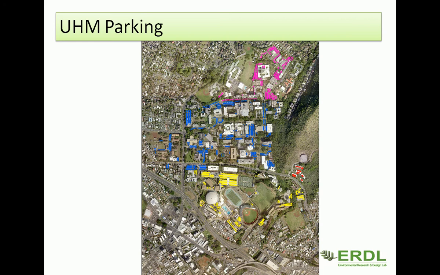And Philippe did this one. This is all the parking stalls at UH, divided by zones. One thing that's interesting to know is that every parking stall has information embedded in it. If you go to the attributes, you can see the address for that parking stall.